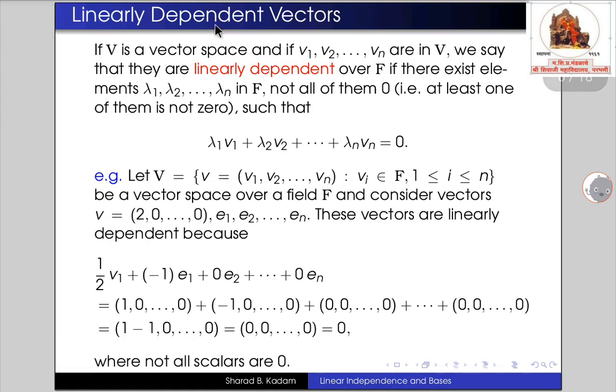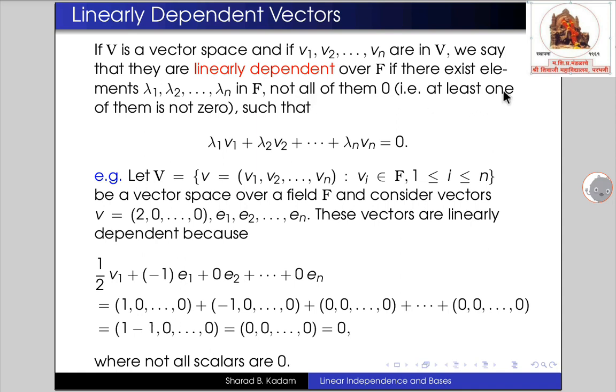Next, we have the definition for linearly dependent vectors. So consider V is a vector space, and if V1, V2, Vn are vectors in the vector space V, we say that these vectors V1, V2, Vn are linearly dependent over the field F if there exist elements lambda 1, lambda 2, lambda n in the field F, not all of them 0.